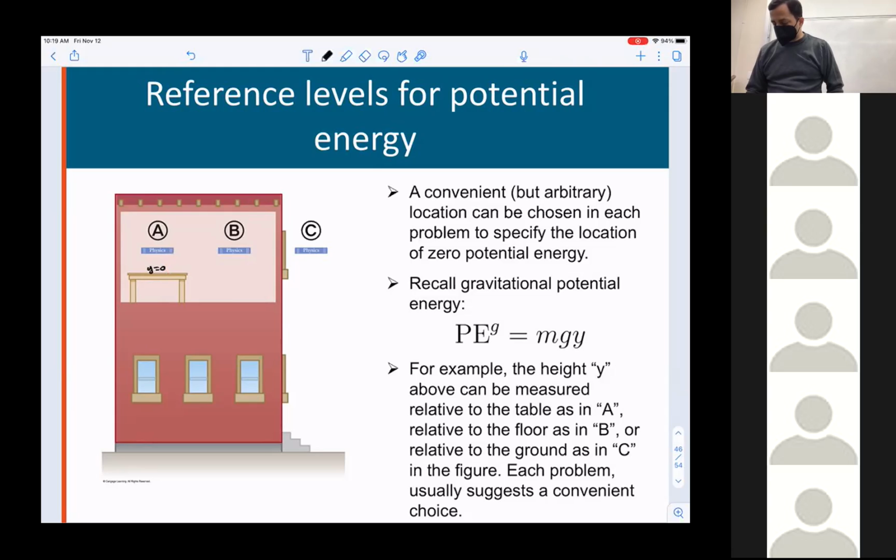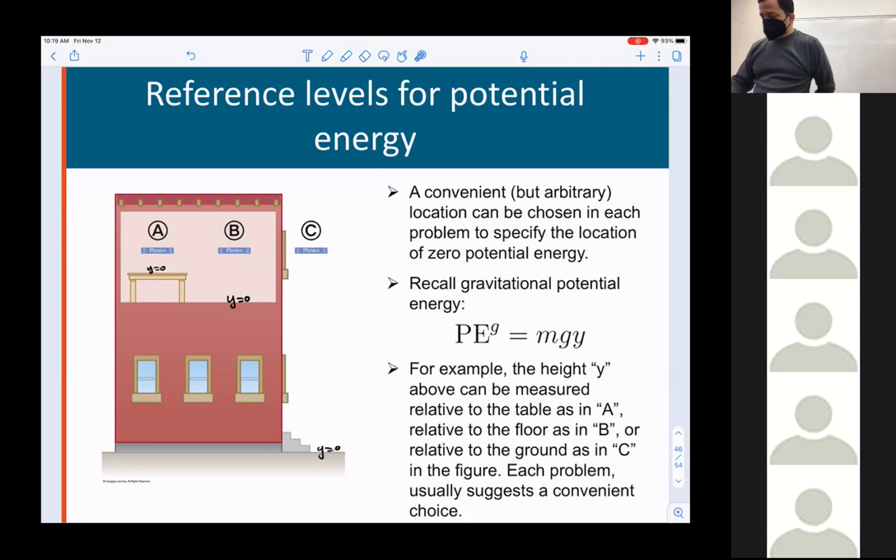But if I say that the y equaling zero is this floor, then the potential energy will be mg times this height. Whereas if I say that the potential energy of y equaling zero is down here, then the potential energy of this object is this height, right? So when I say what is the potential energy of an object, if someone asks you that question, the first thing you should ask them is, well, in reference to what level? Where are you defining your y equaling zero?